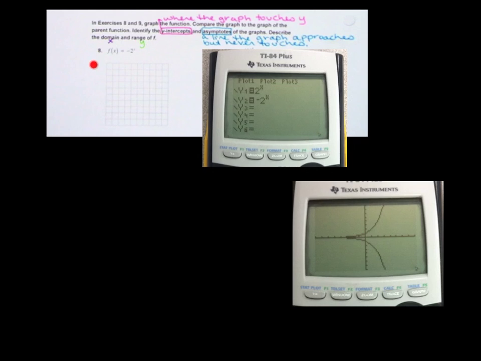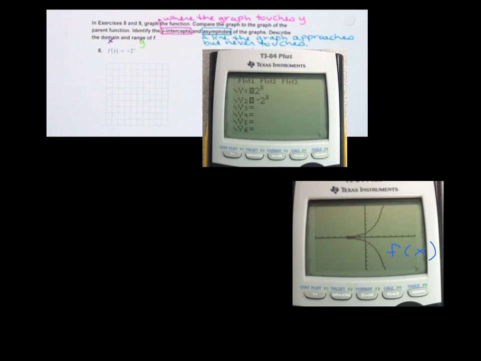Okay, so the function that they gave me here is f of x equals -2 to the x power, which actually on our graph is this bottom one. Okay, that's f of x. In order to find our parent function, remember, you want b to the x.